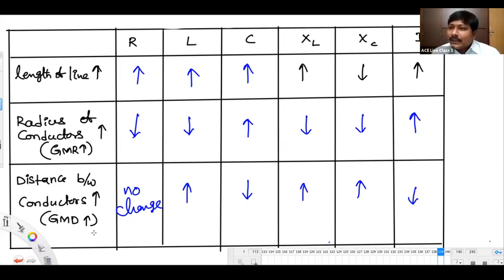Once the design is completed and the line is constructed on the towers, then you don't have any chance of varying length, radius, and distance between the conductors during operation. So all this discussion we are doing at the design stage.